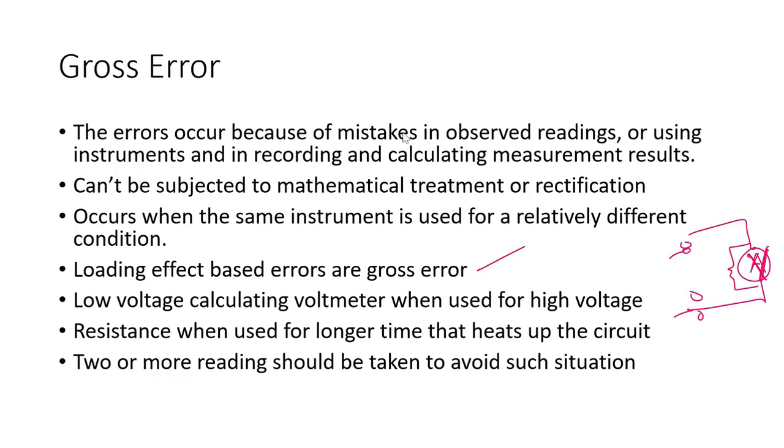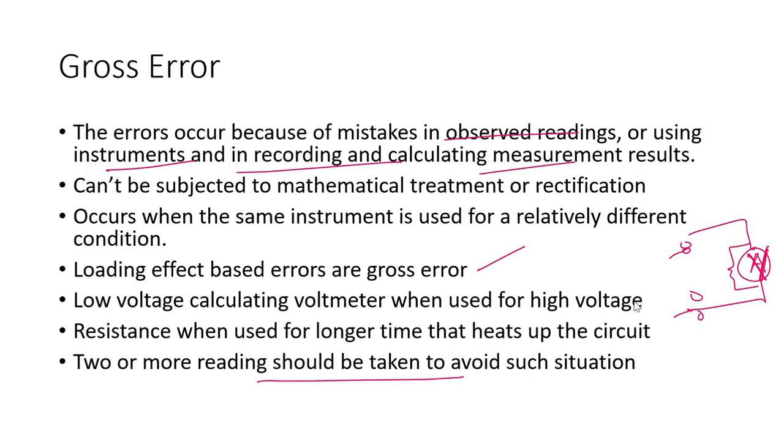It happens because of mistakes in observation or reading or the instrument or in recording or calculating the measurement result. So gross error can be anything in these, but loading effect is one of them. Two or more readings should be taken for avoiding this error.